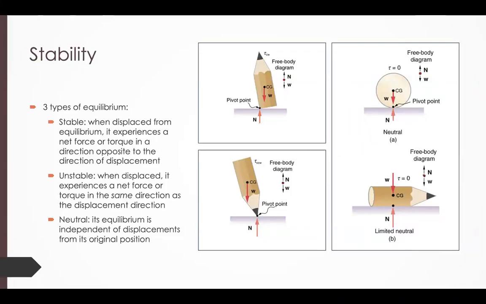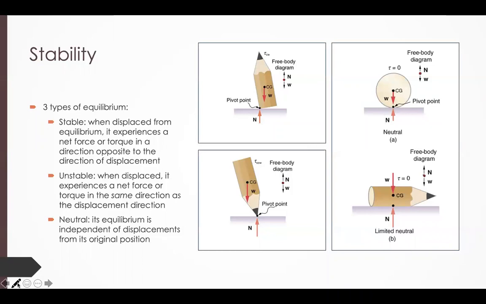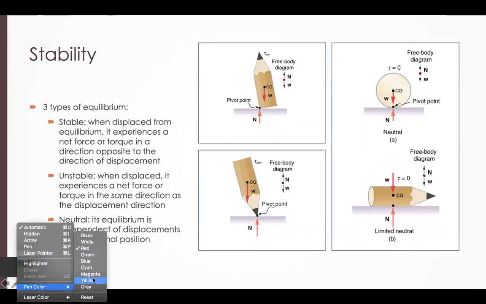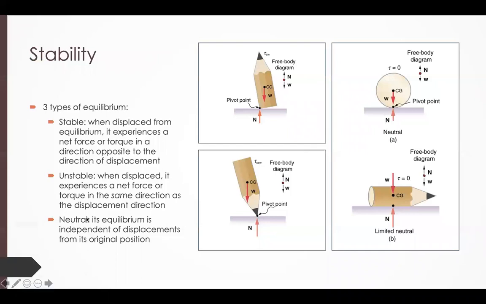This is going to have to do with how stable an equilibrium is. I have 3 different types here: a stable equilibrium, an unstable equilibrium, and a neutral equilibrium.